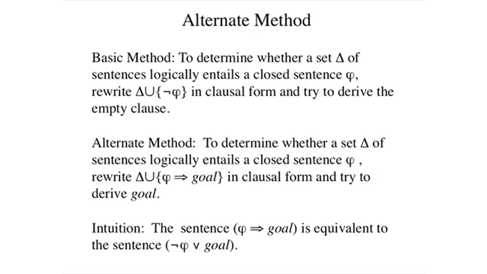Having done that, we convert to clausal form and we apply resolution. However, instead of trying to derive the empty clause, we try to derive a clause that contains just the literal goal. Now this is equivalent to what we were doing before, because phi implies goal is logically the same as not phi or goal. And so we just have a goal literal tacked onto each one of our clauses.